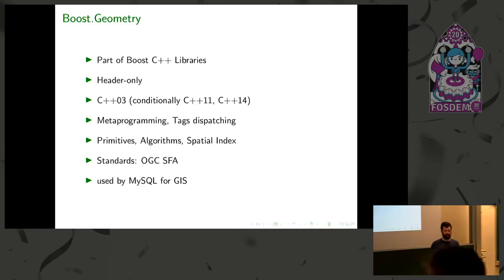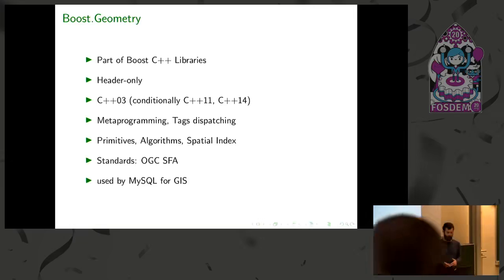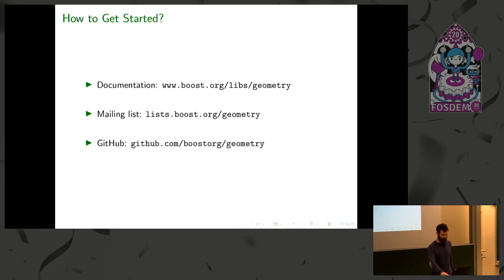It provides primitives, algorithms, and a spatial index that I will use today to showcase spatial trajectory computations. And it tries to follow the OGC and SFA standards. These are some useful links about documentation, the mailing list, and the code base, which is on GitHub.